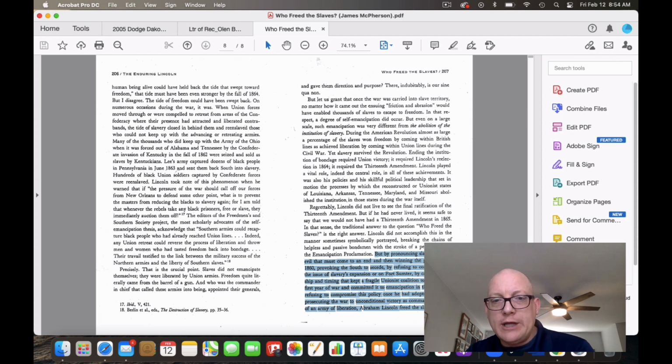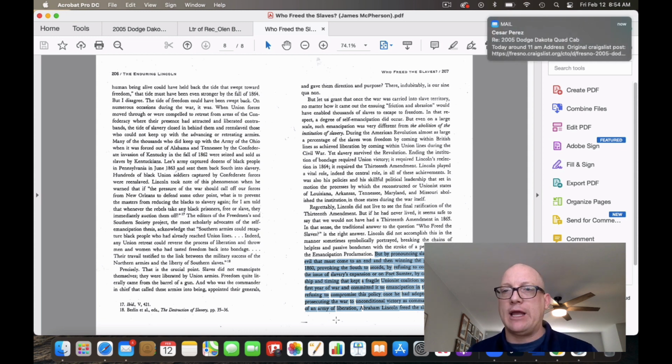By careful leadership and timing that kept a fragile Unionist coalition together in the first year of the war and committed it to emancipation in the second, by refusing to compromise this policy once he had adopted it, and by prosecuting the war to unconditional victory as Commander-in-Chief of the Army of Liberation, Abraham Lincoln freed the slaves.